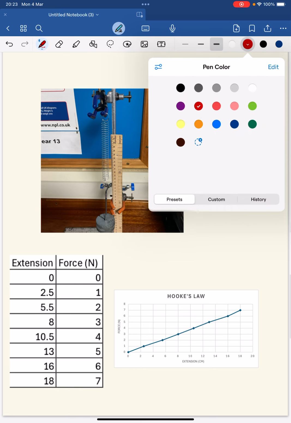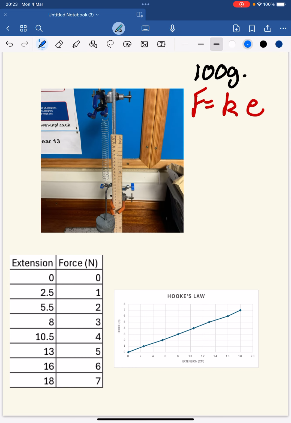Now, the spring constant is basically how stiff the spring is. So the bigger the K, the stiffer it is. And the smaller the K, the less stiff.